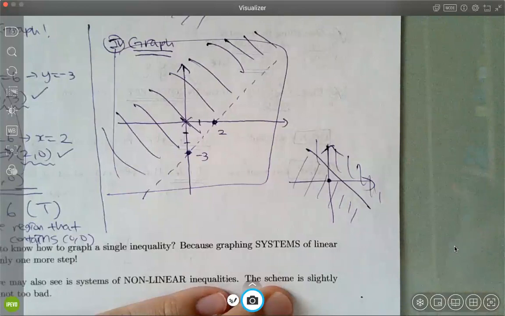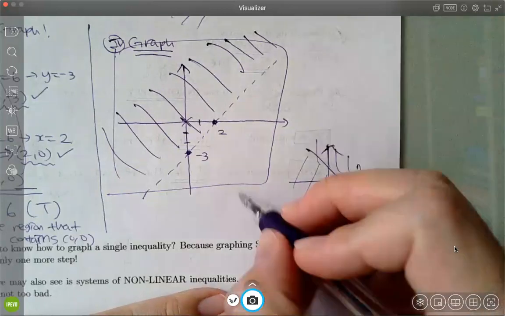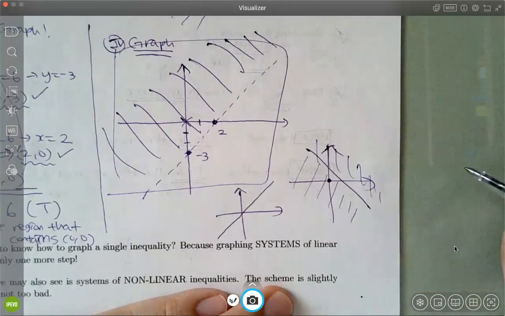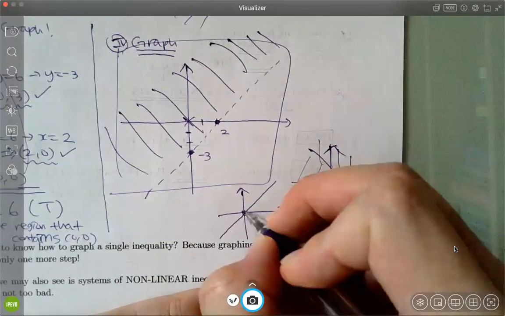What happens if you get a graph that goes through the origin? Good question. So if you get a line that goes through the origin, so something like this, then can you use the origin as the test point?